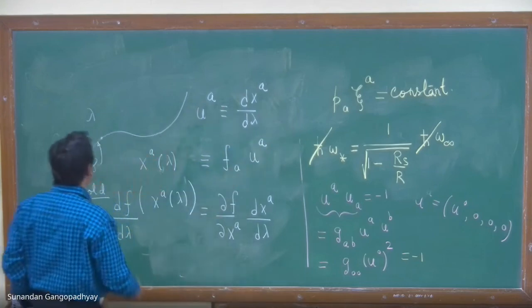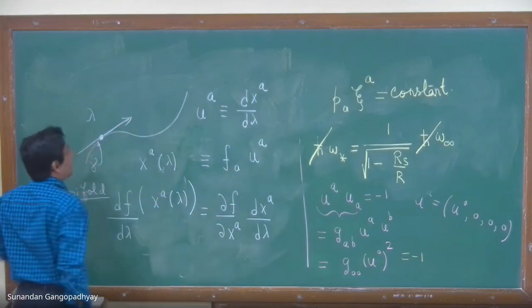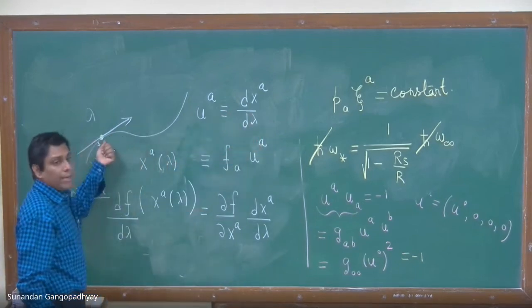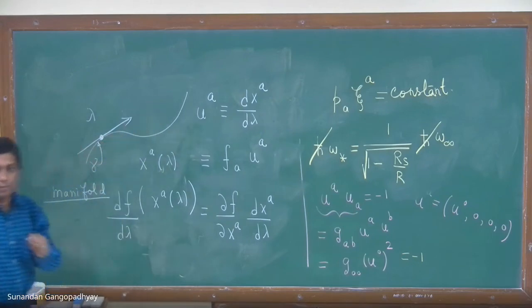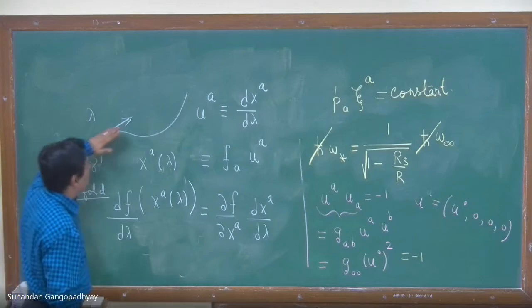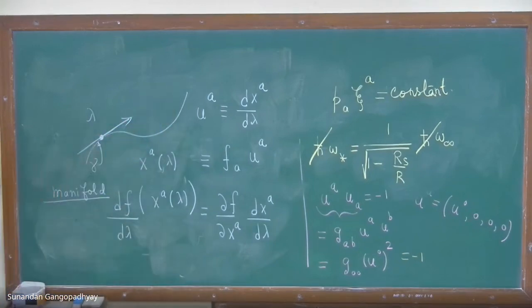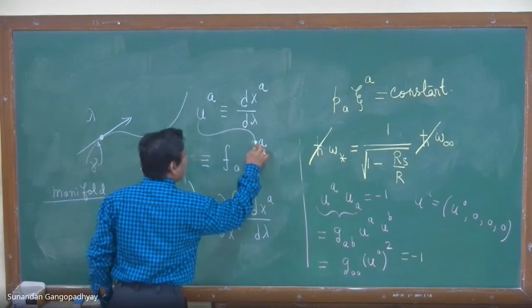And what does this vector tell you? It is basically dx d lambda, so at every point it is a tangent vector to this curve. So this is a vector, or more precisely a tangent vector.